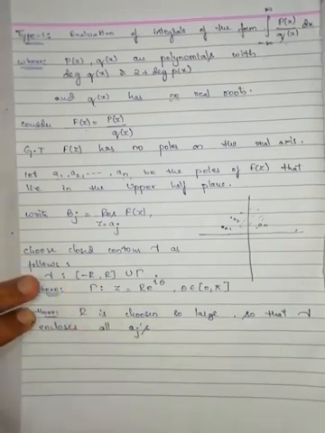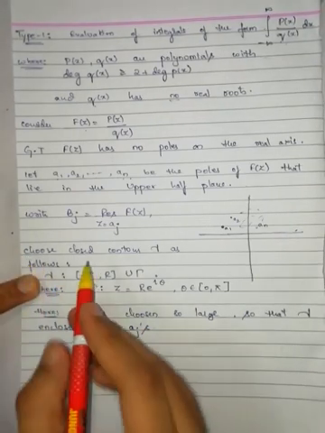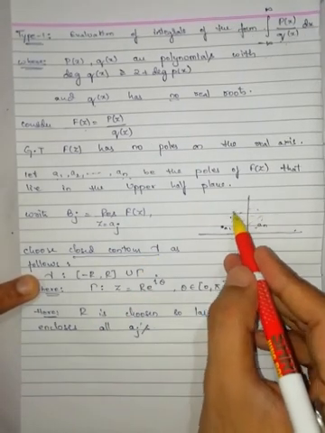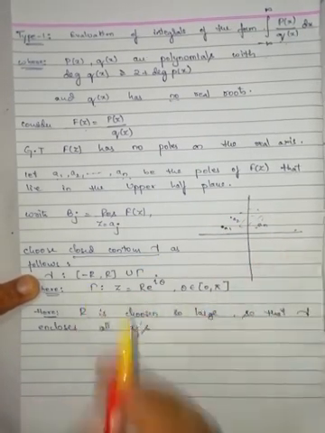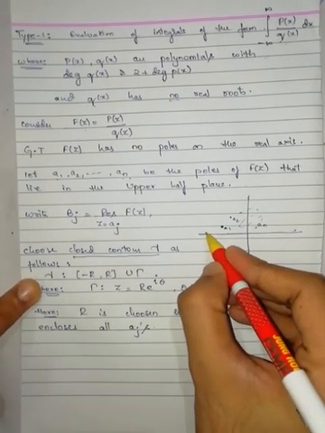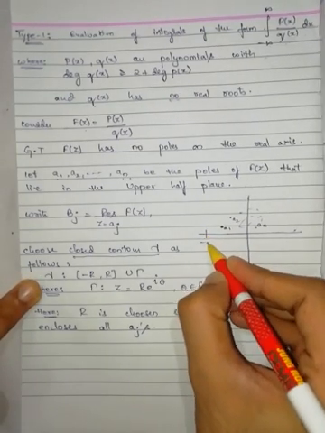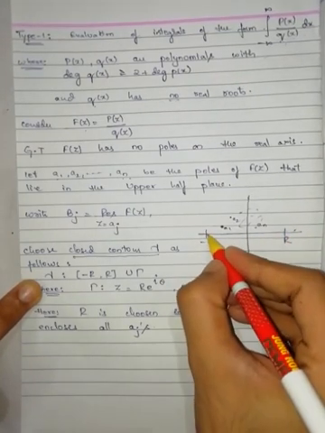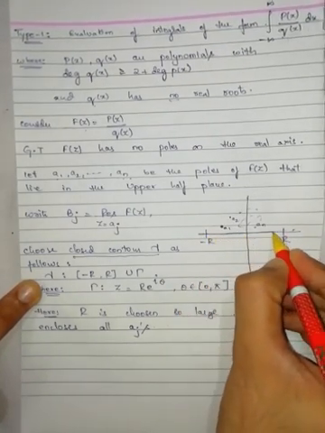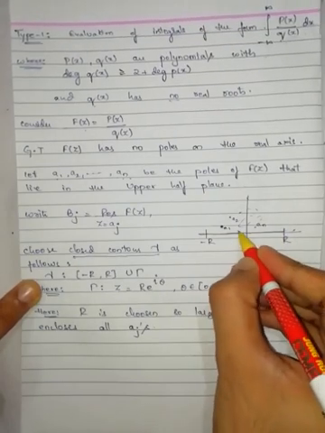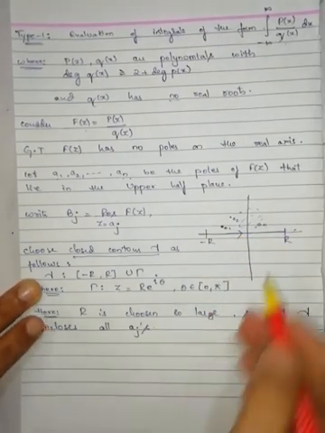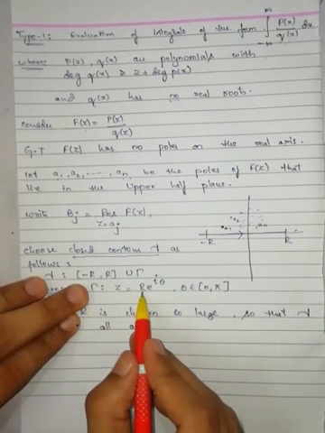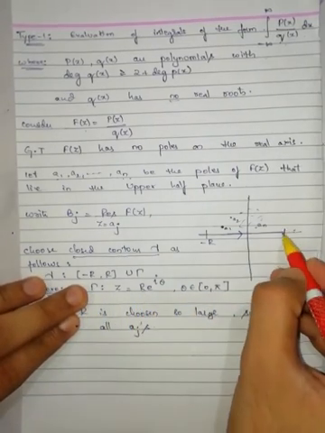What is the meaning of this? We have to consider a closed contour gamma such that all these poles lie inside it. So I take the closed interval from minus R to R, then a semicircle of radius capital R from 0 to pi.